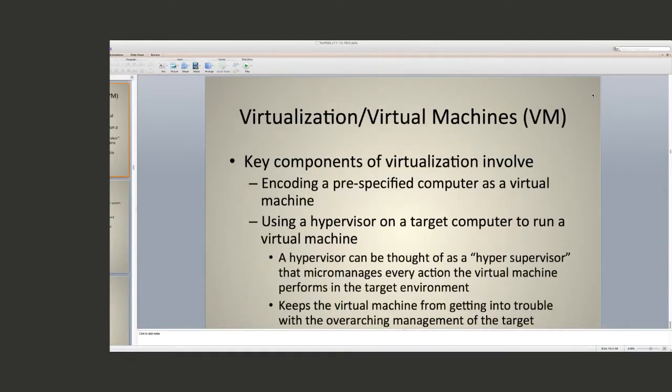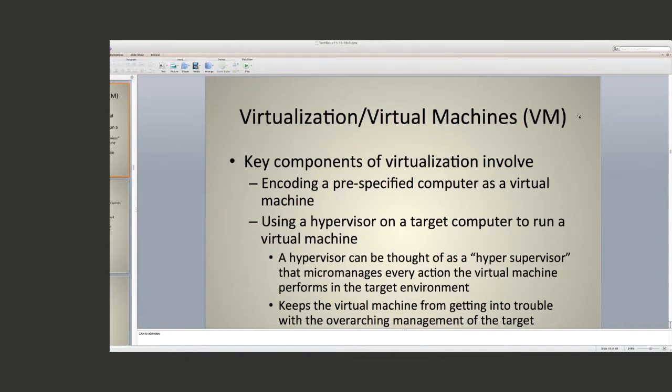Okay, so I said the word virtualization. What do I mean by virtualization, and why is it a potential solution? Virtualization can result in what are called virtual machines, basically encoding a pre-specified computer as this virtual encoded concept, where you have a hypervisor on the target computer system that you're deploying your system to, that can then run that virtual machine that you've encoded.